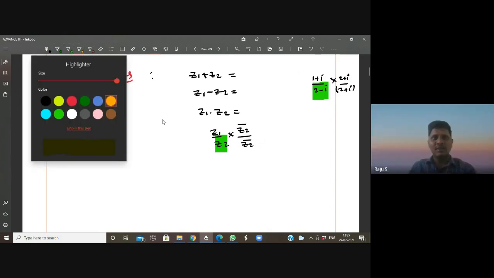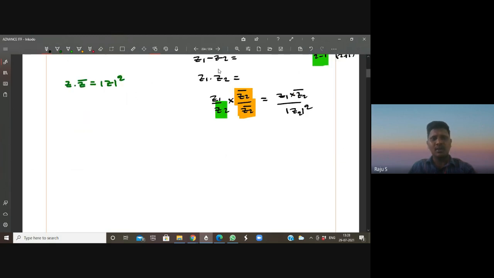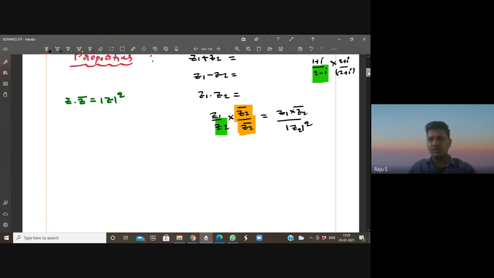So multiplying and dividing with z2 conjugate, what will happen here? z1 into z2 conjugate all divided by z2 into z2 conjugate becomes the modulus of z2 whole square. Since any number z into z conjugate can be written as modulus z whole square. Is it clear? Take any number, that will be equal to modulus z whole square.